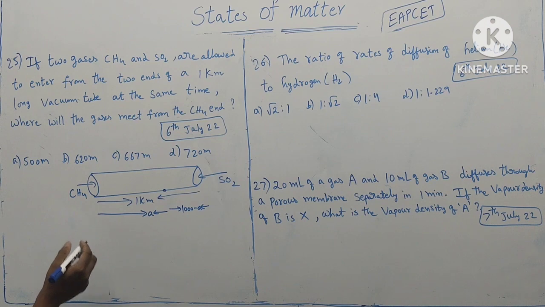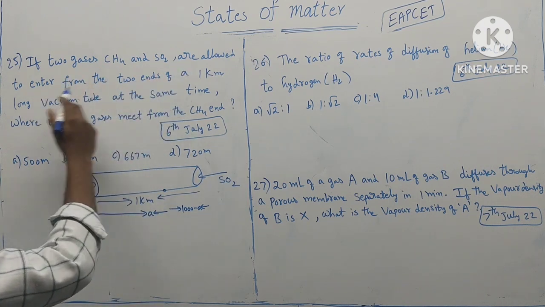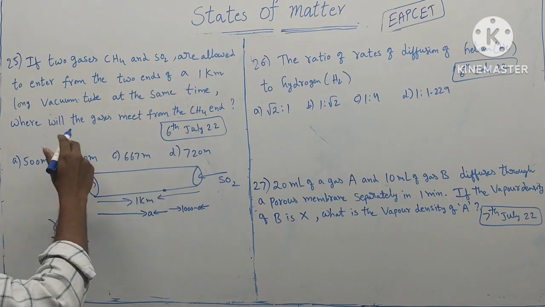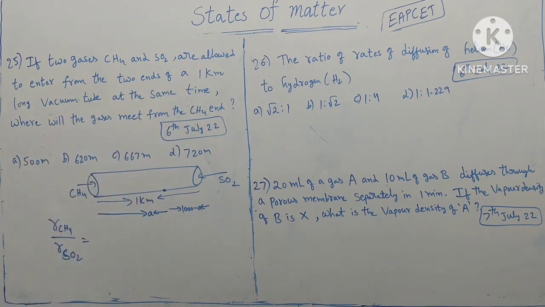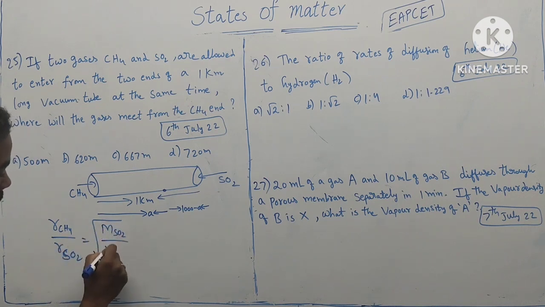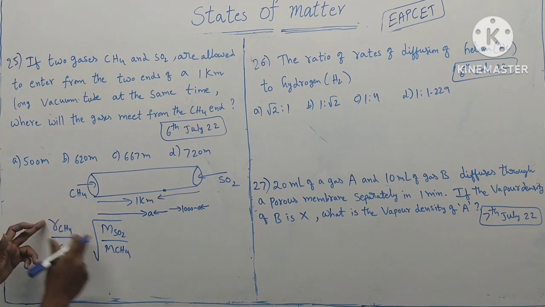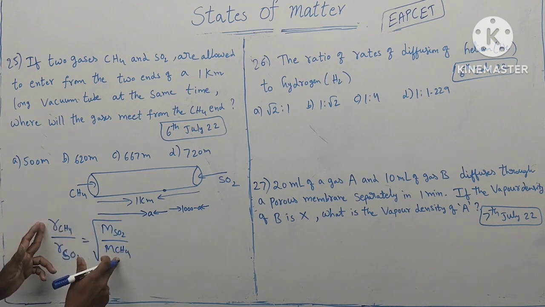The gases are allowed to enter from the two ends at the same time. So the rate of diffusion of CH4 by the rate of diffusion of SO2 is equal to the square root of the molecular weight of SO2 by the molecular weight of CH4, because the rate of diffusion is inversely proportional to the square root of its molecular weight.